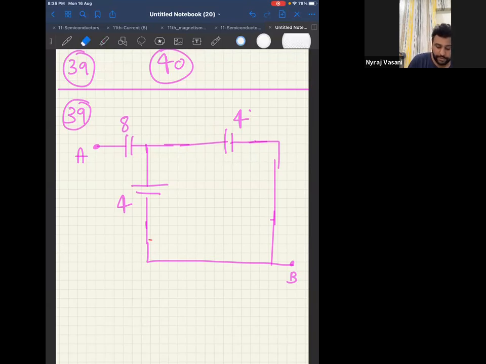Now, I'll just redraw this so that you understand it. Can I write it like this? Same way, can I say 4 and 4 are in parallel? Again, the answer will be 8.